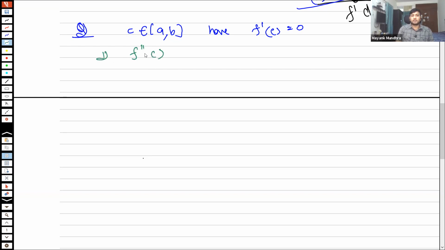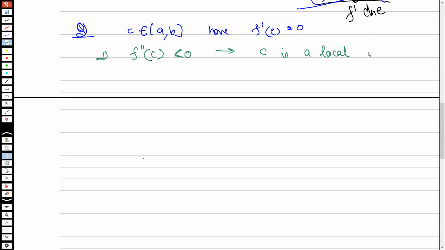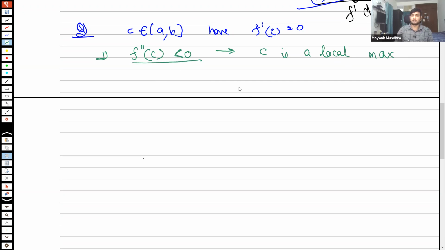When f double prime of C is negative, what does that imply? C is a local what? Local maxima. Very good. So this is a concave function, so it will look like this. So this is basically concave, so C would be a local maxima.